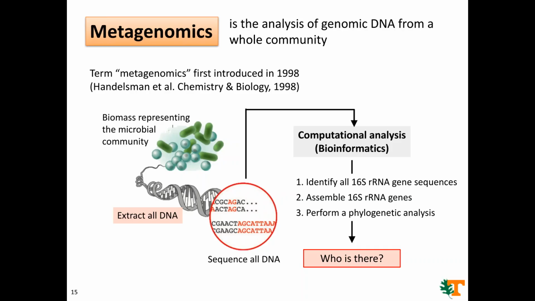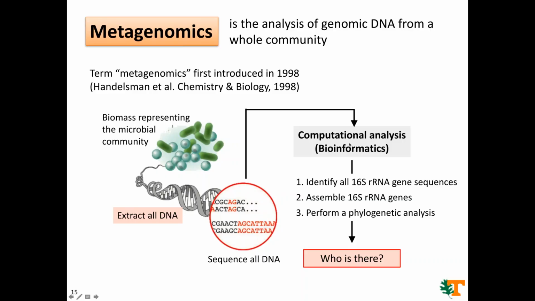So for example, you can identify all of the 16S rRNA gene sequences. You can assemble these genes, and then you can perform a phylogenetic analysis. And that tells you who is there. You can now tell what types of organisms are present in my sample. And then obviously you would see in an aquifer that has Dehalococcoides, you would determine that Dehalococcoides 16S rRNA genes are present.